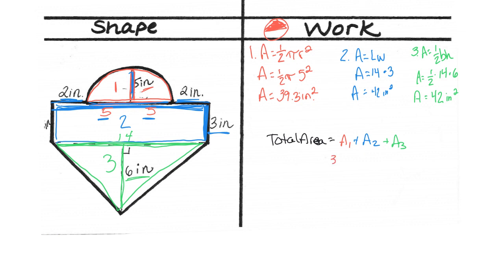So we have 39.3 roughly plus 42 plus 42, which gives you a total area of, plug that in your calculator, you should get about 123.3 inches squared. Okay? All right, so let's go to the next page.